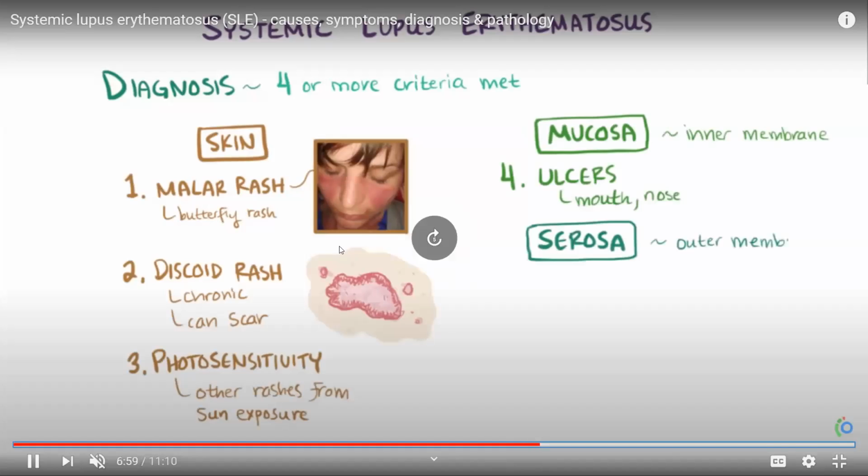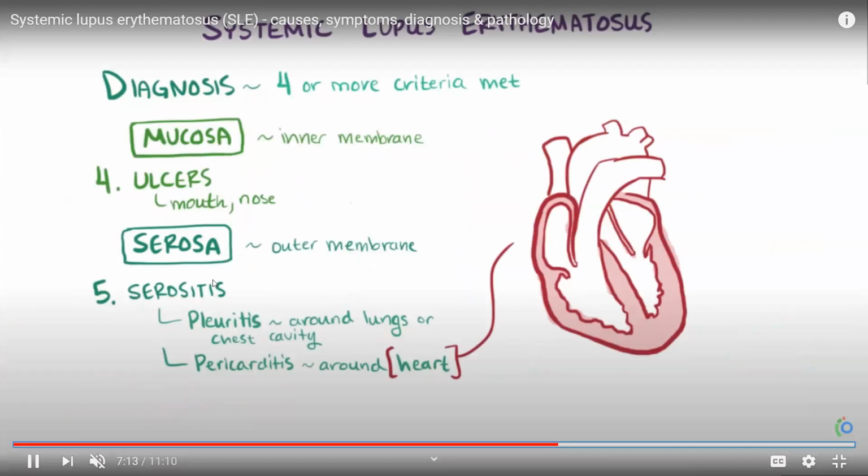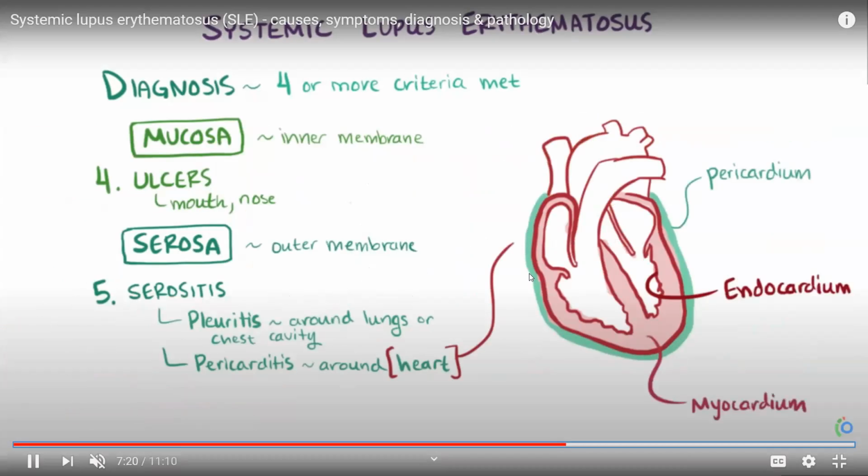Then below the skin, the mucosa, the inner membrane, is also affected. Then ulcers inside the mouth or the nose, then the outer membrane of those areas, which leads to serositis. This serositis affects our internal organs like the lungs and the heart; the outer linings of those organs are affected.